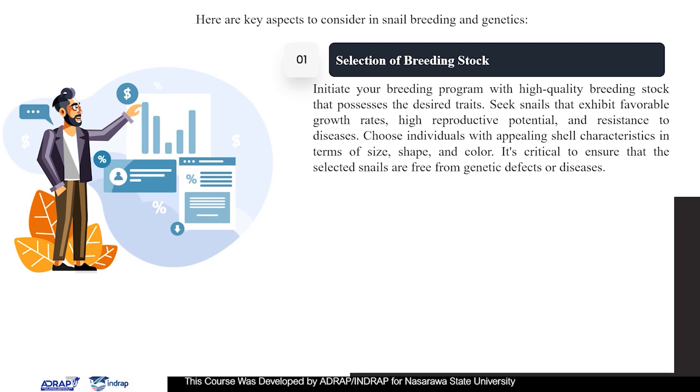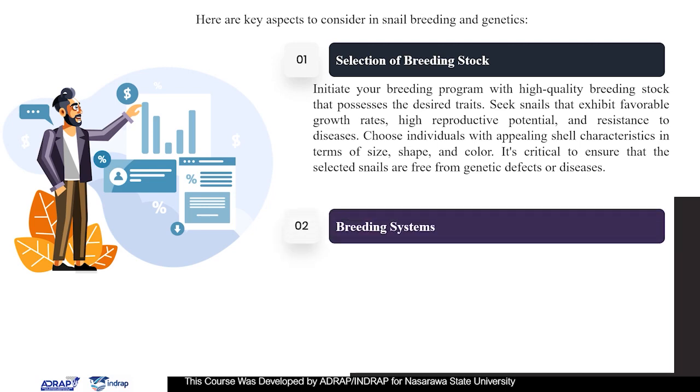Seek snails that exhibit favorable growth rate, high reproductive potential, and resistance to diseases. Choose individuals with appealing shell characteristics in terms of size, shape, and color. It is critical to ensure that the selected snails are free from genetic defects or diseases.